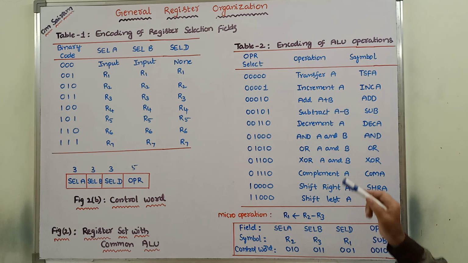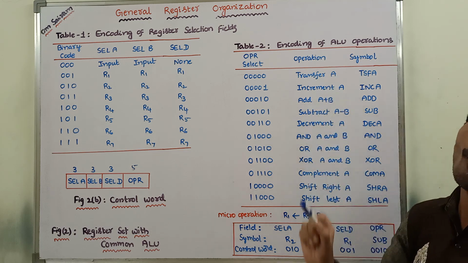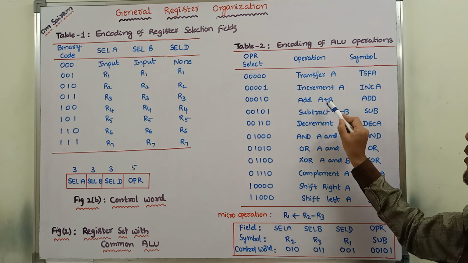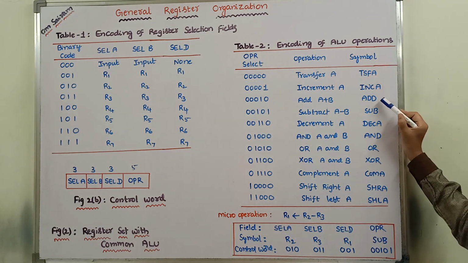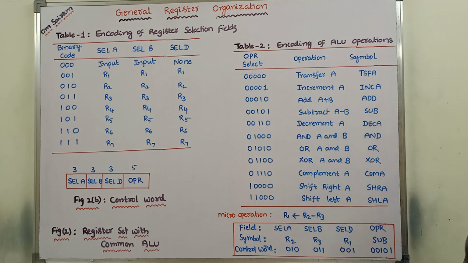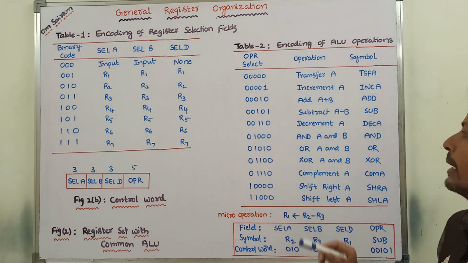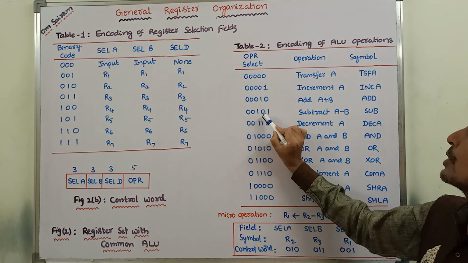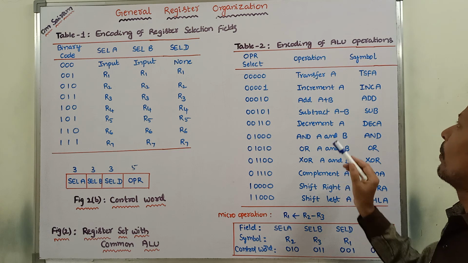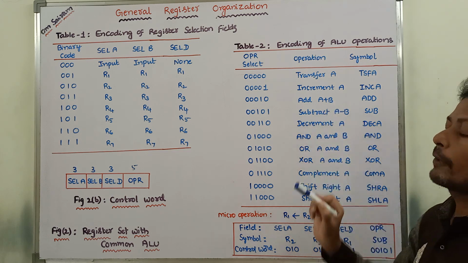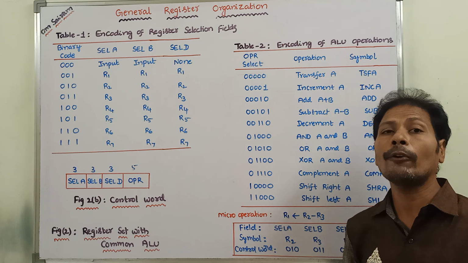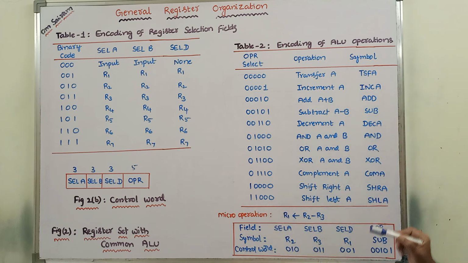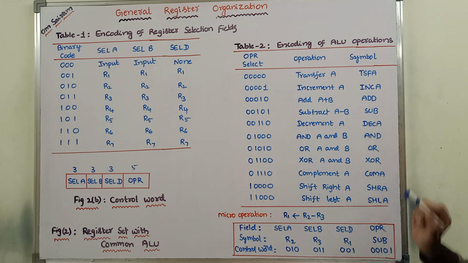Then we have to perform the add operation between the content of register A and register B. The symbol used is ADD. Next one, 0, 0, 1, 0, 1. The operation is subtraction between the content of register A and register B. The symbol used is SUB.